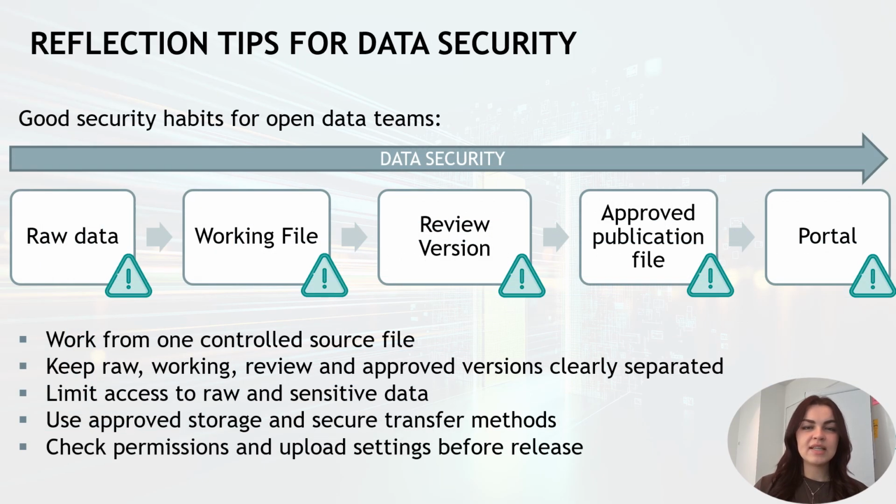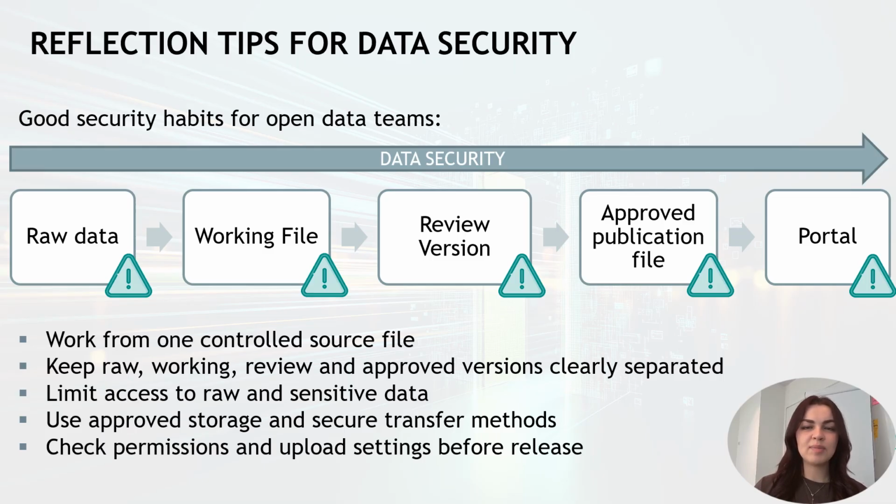As we've seen, data security reduces risks while the team is preparing, reviewing, anonymizing, and publishing the dataset. Raw and working files often contain more detail than the final release file, so they usually need even stronger protection. Here, simple habits matter. Use one controlled source file. Keep raw, review, and approved versions clearly separated.